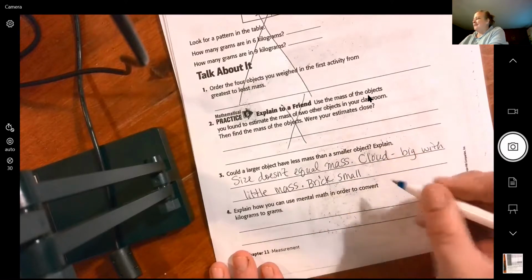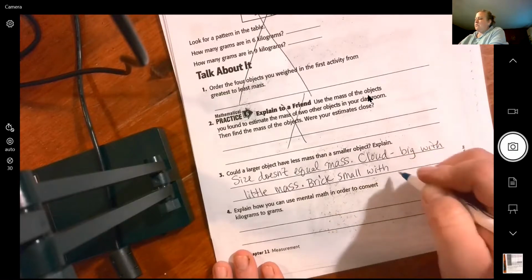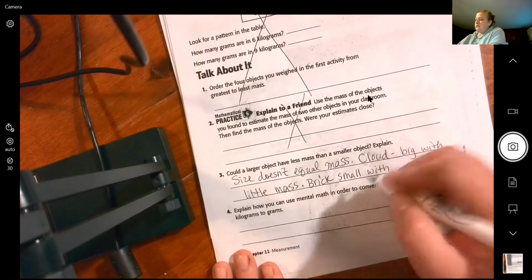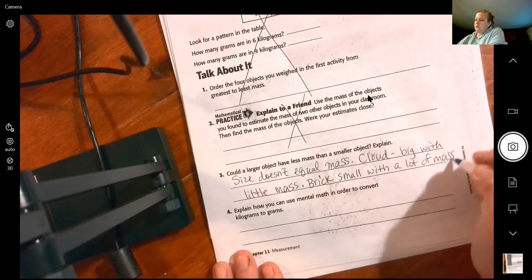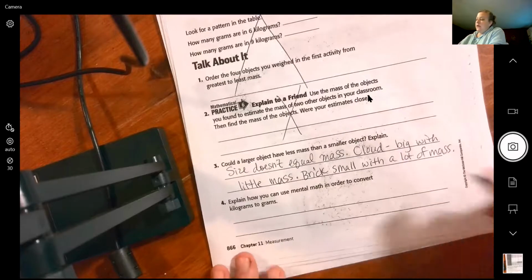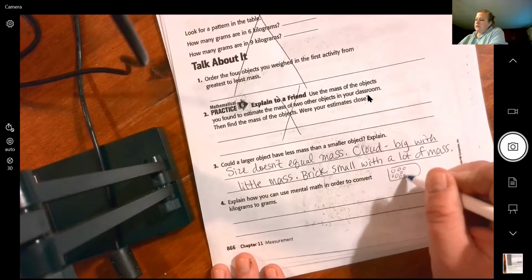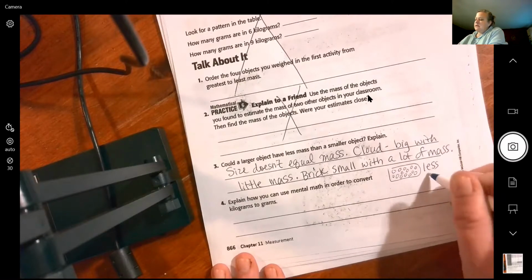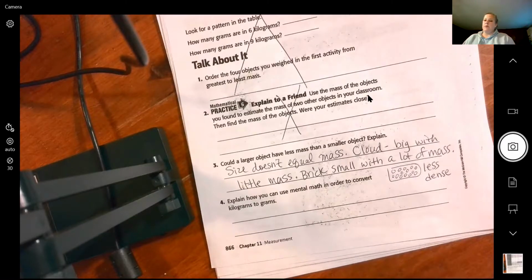They call that dense. It's dense. It doesn't have holes. So think of a sponge. A sponge, would it have a lot of mass or a little mass? Little. But think about a sponge, how it has all those little holes in it, teensy tiny holes. So we'd say that is less dense. It doesn't have as much mass.